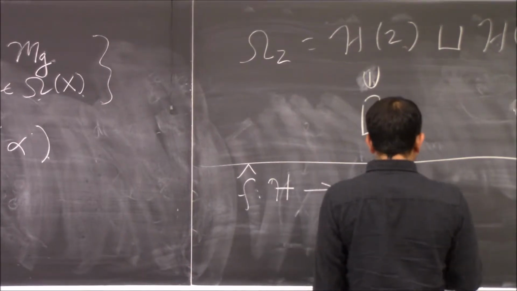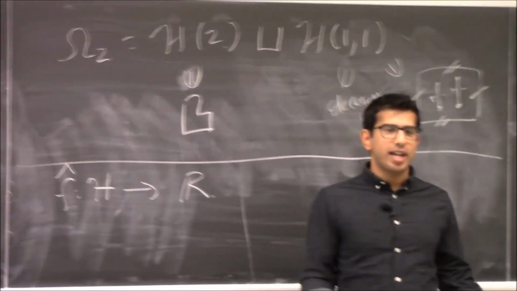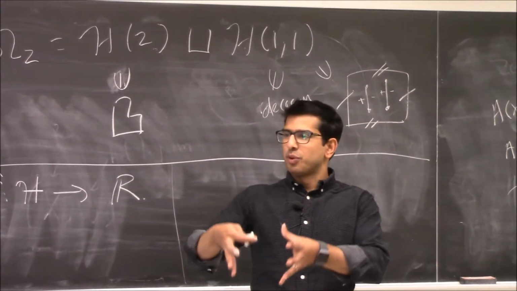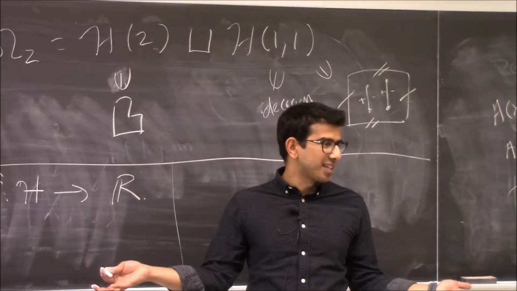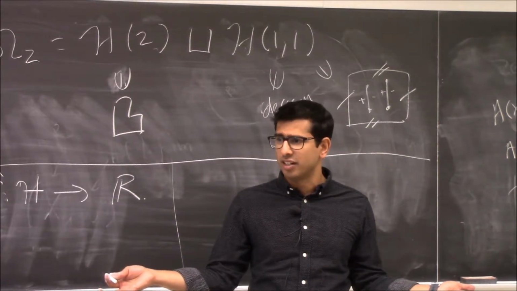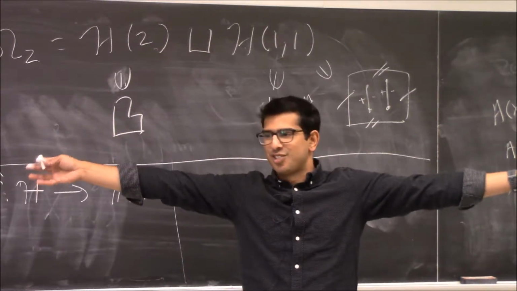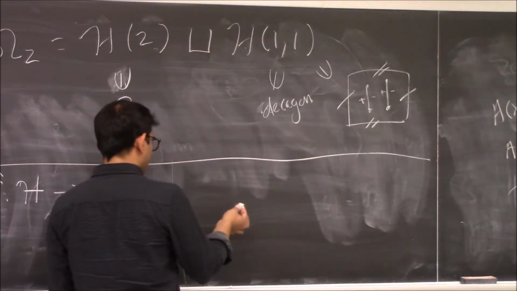Now, why is this a nice thing to do? Well, many of the properties we care about for surfaces, we care about one representative. If I can say something, for example, about counting saddle connections of length less than or equal to r on a surface of area 1, I can do it on a surface of area 100. I just have to change my r. So this is why you care about area 1 surfaces.